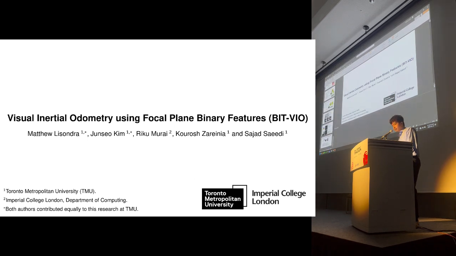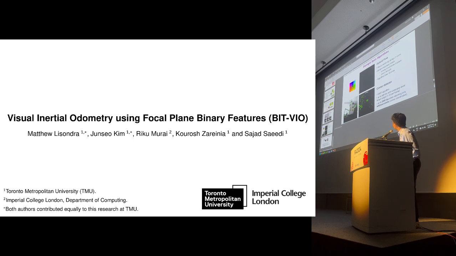Oh yes, yeah, we'll probably work towards that. There are actually comparisons of optical flow that are already done. This is in CVPR where they did optical flow with this vision chip, and they already have a paper out on that. But the novelty of our work is that we're working on the VIO aspect. So there are other papers on this chip that deal with optical flow, corner detection, etc.